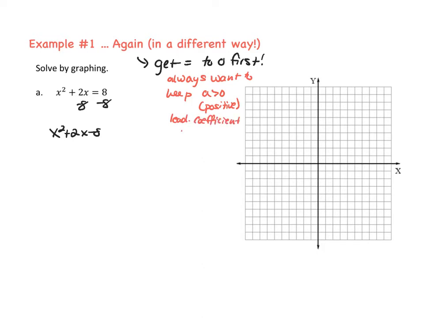We want that to be a positive number. So that's why I subtracted 8. Now that it's equal to 0, we can factor it. Technically, we do see this as another equation, y equals 0. But y equals 0 is just the x-axis, so we're really trying to find the x-intercepts.